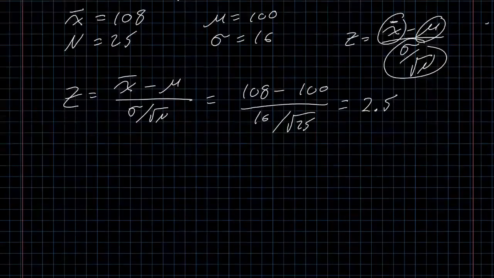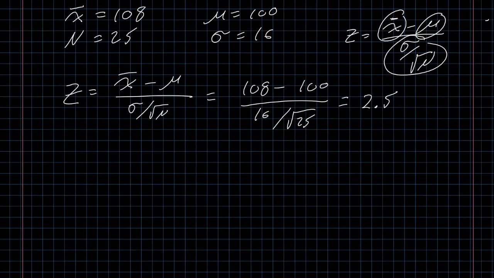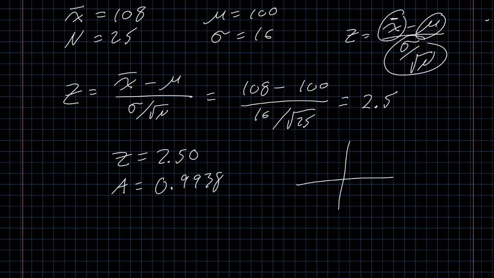I don't think I need to keep going to the standard normal distribution table, but for z equals 2.50, it gives me that A is 0.9938. And remember, as we've talked about before, this table gives me the area over there, the probability that the group's IQ is below the number that I gave.